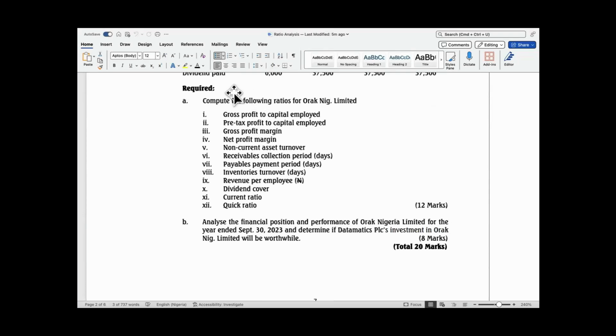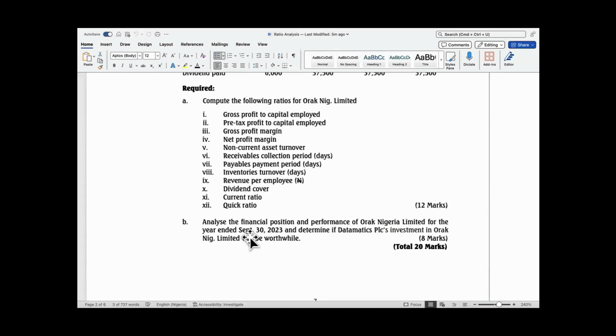For this diet, the question required you to compute 12 ratios, and also to analyze the position and performance of Oracle Limited for the period and determine if Datamatics' investment in Oracle will be worthwhile.